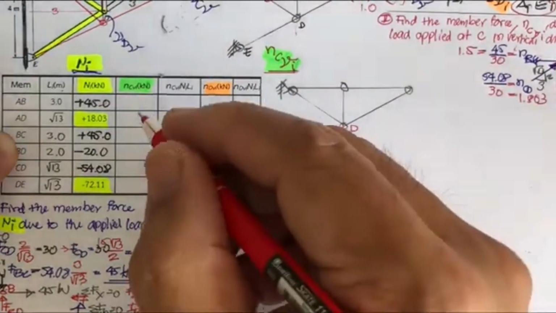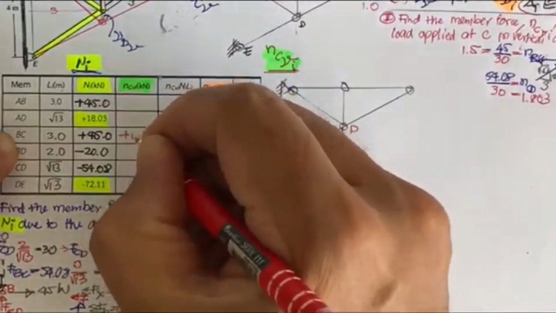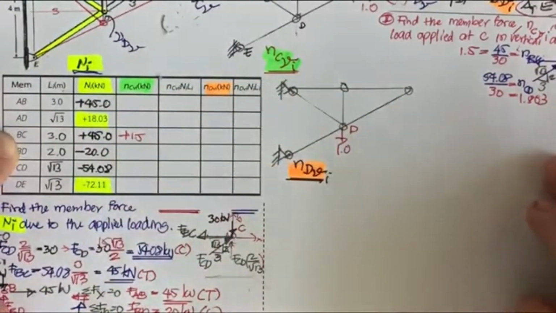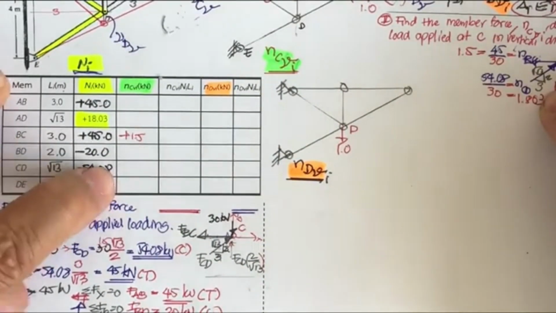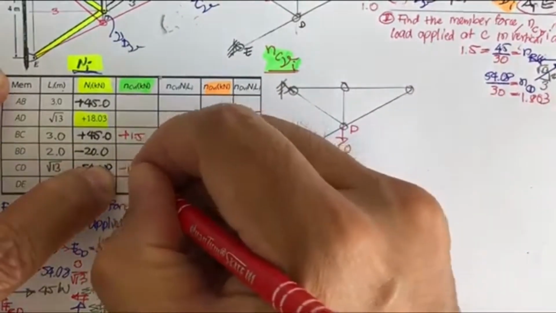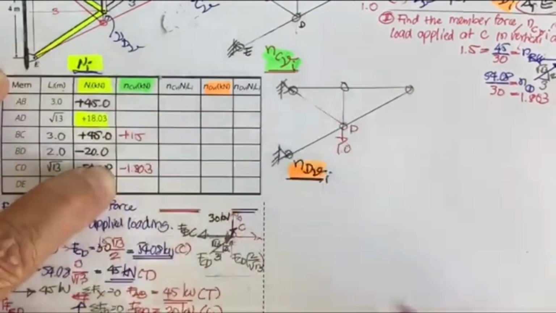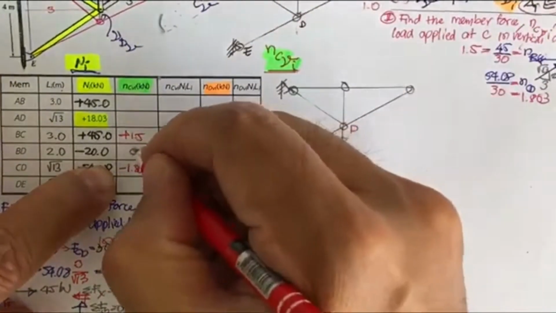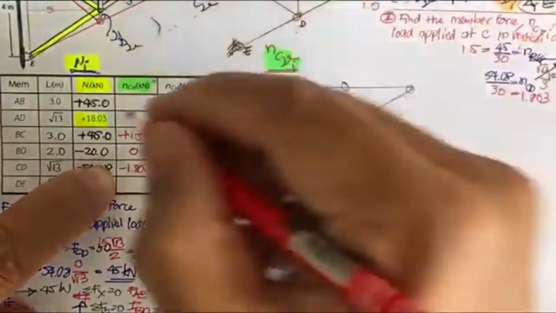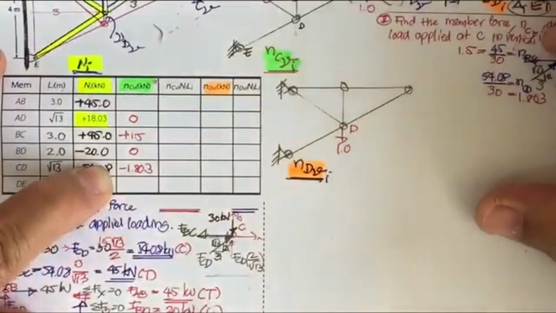This is going to be plus 1.5, and CD is going to be here, and it's in compression, minus 1.803, and you have BD is 0, and AD also 0. Just put it into 0.